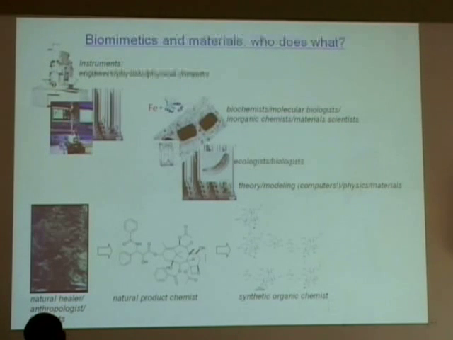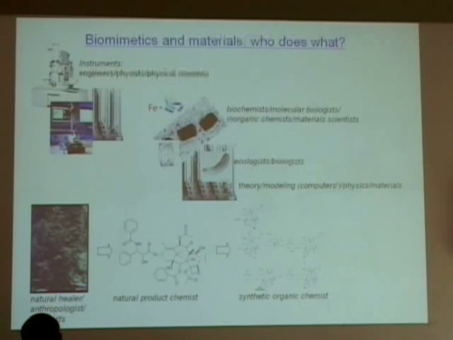So it takes a whole field of people who like to go out and look at what nature has. Then it takes a whole group of people, biochemists who like to look at proteins, and molecular biologists who like DNA, and inorganic chemists who like iron and silica, and material scientists who then characterize what types of magnets they're making. And this is a whole group of people who look at these types of things.